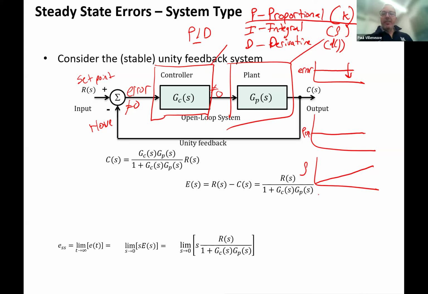The derivative control, what does the derivative do? All the derivative does is when that error comes in, it gives you a little bump. And if the error is constant, its output is 0. So when would you use a derivative?